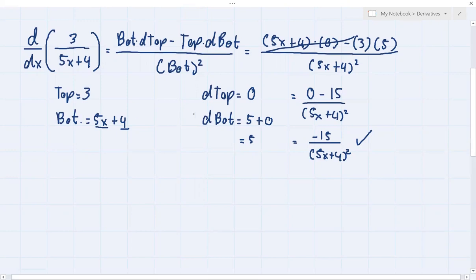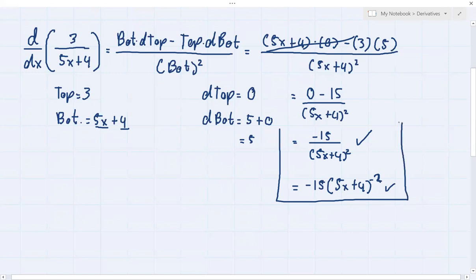Or, kung ayaw mo na merong denominator, gusto mong itaas si binomial, pwede rin. Pero, again, iibahin mo lang yung sign ng exponent. So, magiging 15 times quantity 5x plus 4 raised to negative 2. Ayan. So, it's up to you which one would you prefer.